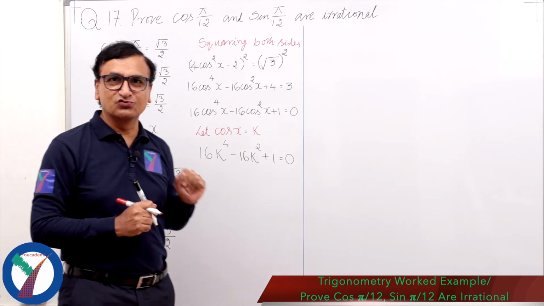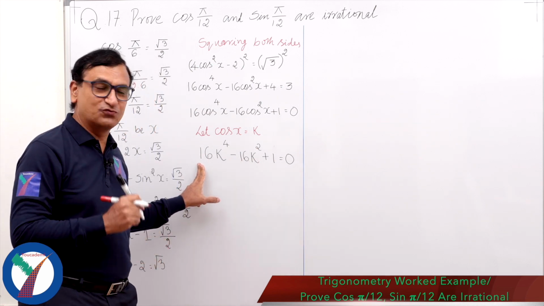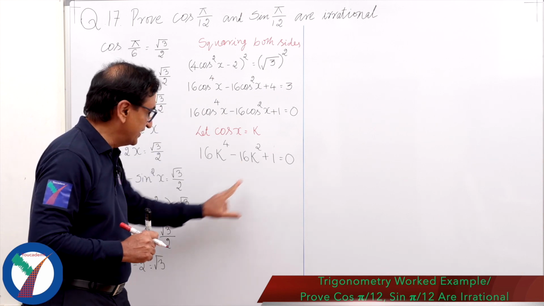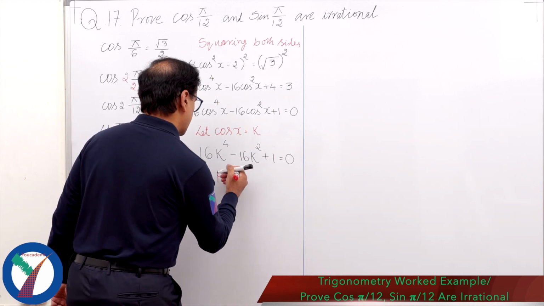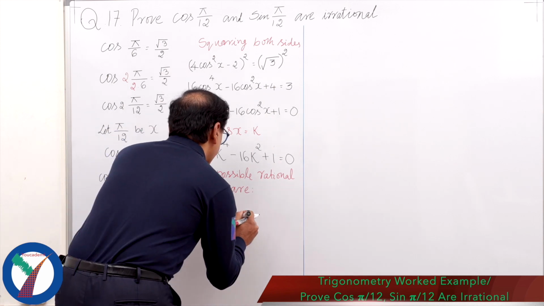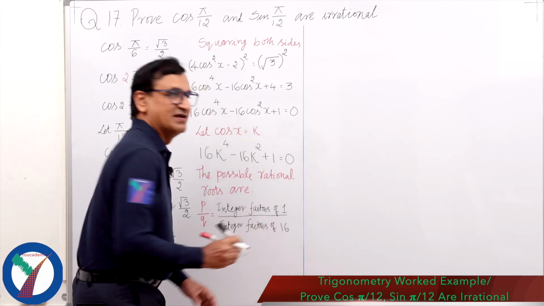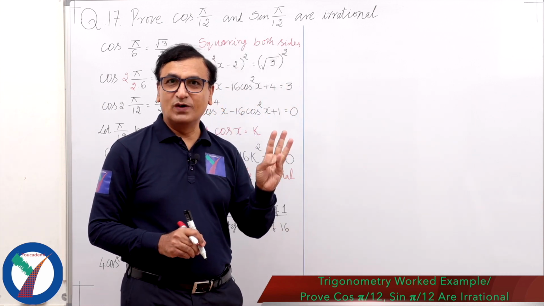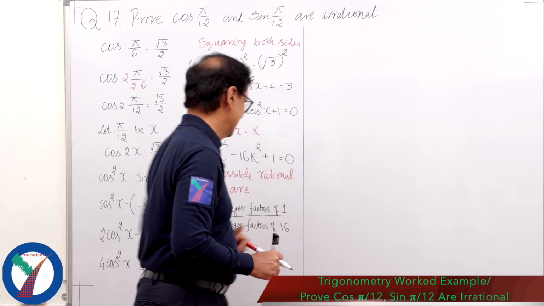Now, from our rational root theorem, a0 is 1, an is 16, therefore p divided by q will be integer factors of 1 divided by the integer factors of 16, correct? Factors of 1: plus or minus 1. Factors of 16: plus or minus 1, 2, 4, 8 and 16, correct?